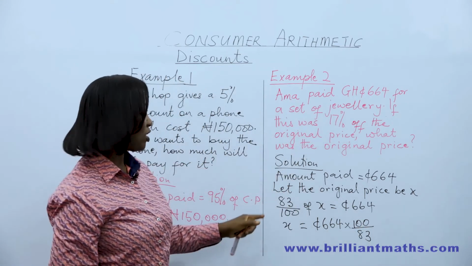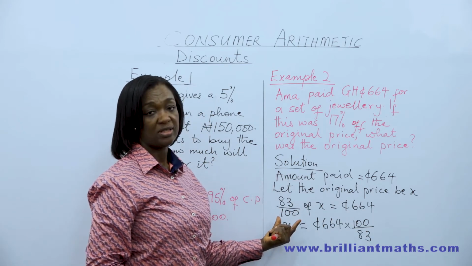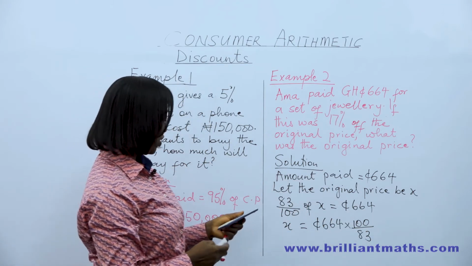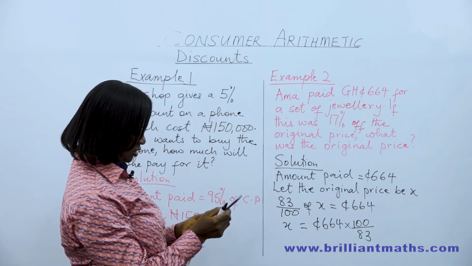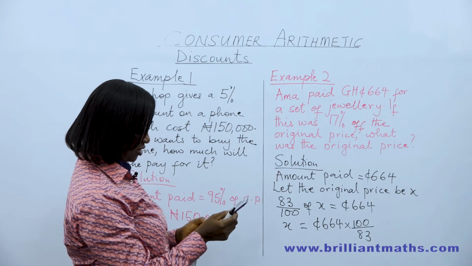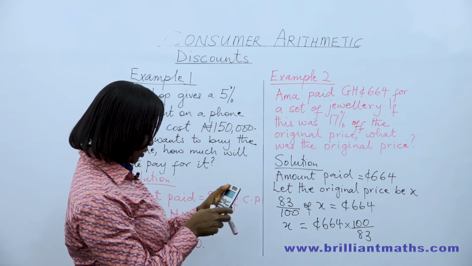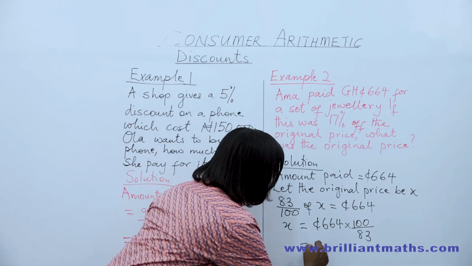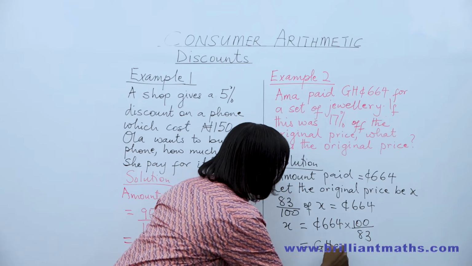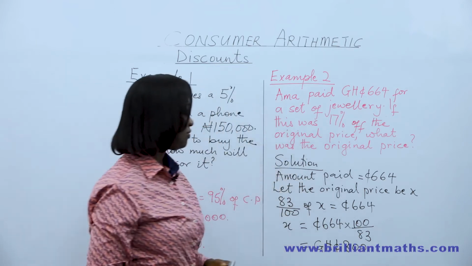100 over 83 because it goes over to the other side of the equation and it reciprocates. So let's work that out. 664 times 100 divided by 83. That gives us 800 Ghana cedis.